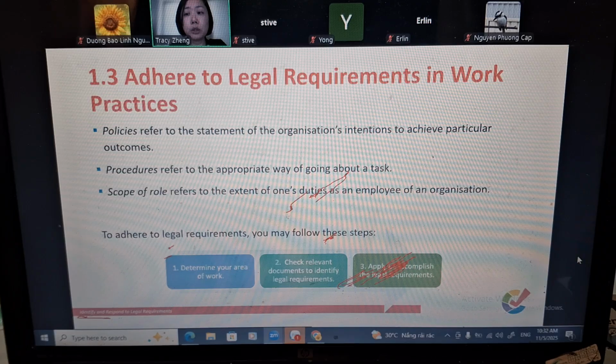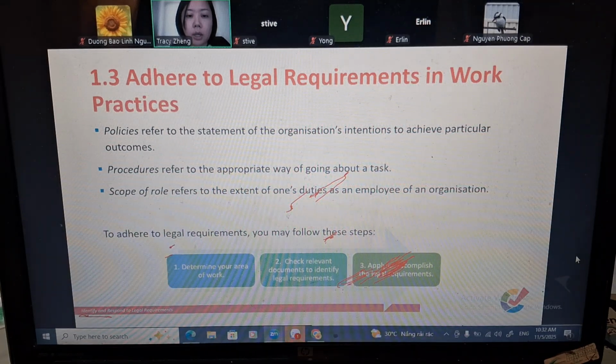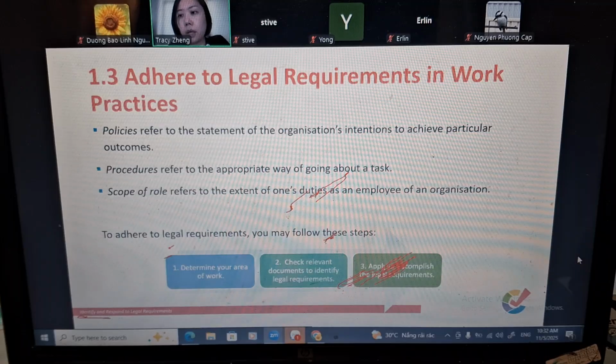So you do need to take specific documents related to your role, and also apply or accomplish the legal requirements. So as we say, always put those legal requirements into our daily practices. Everything we do, definitely 100% we must follow all of those requirements.